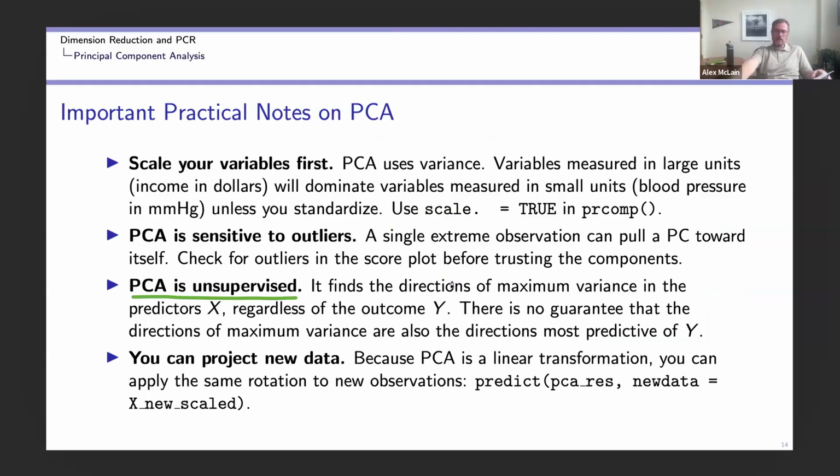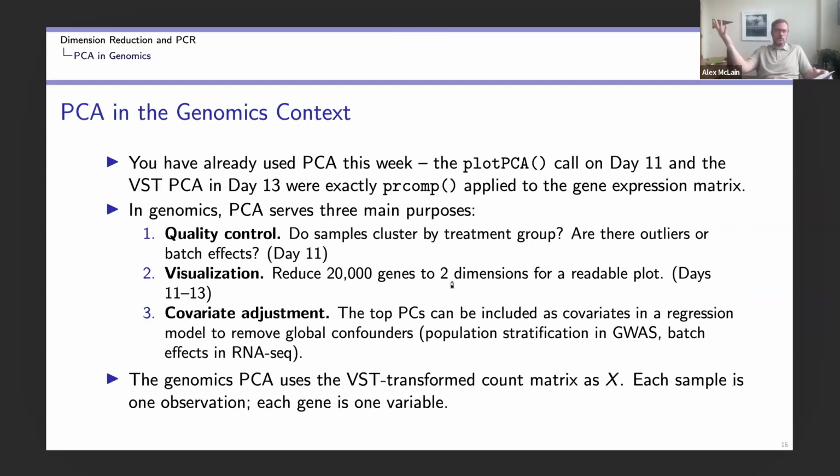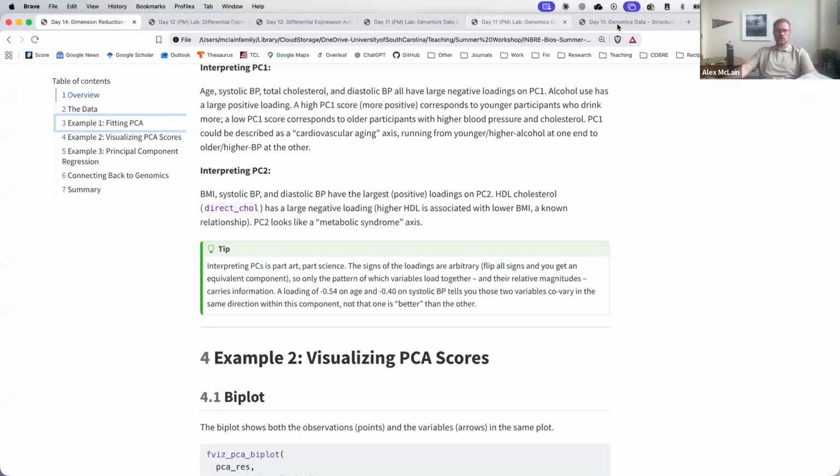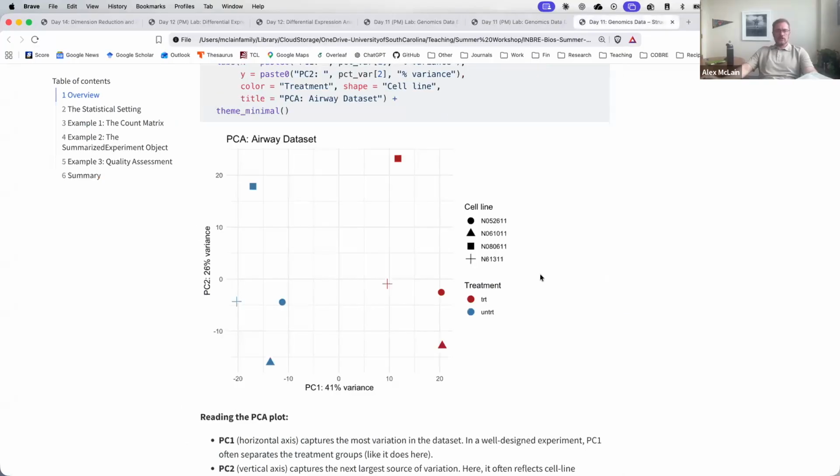Again, I talked about this already, but we already used PCA this week when we used it in day 11. VST PCA, we actually used it on day 13 on those gene expression data. In genomics, it's going to serve three main purposes: quality control, do the samples cluster by treatment. It's a good initial check of, is there some relationship here?